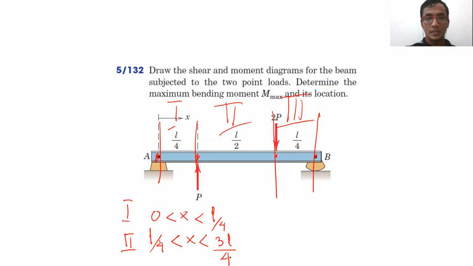Because the distance between the 0 point here and this particular point will be 3L/4. Then the last equation is supposed to work for x from 3L/4 until L. That's the thing.